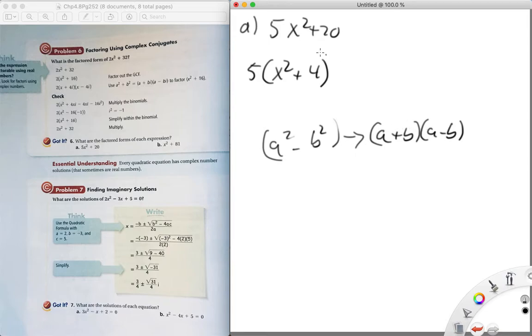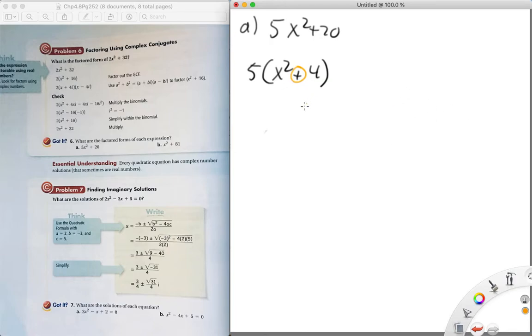When it comes to imaginary numbers, we have the same situation but with a plus as opposed to a minus. Here's a minus, here's a plus. The difference between the two is that I can use a complex conjugate in order to set this up.